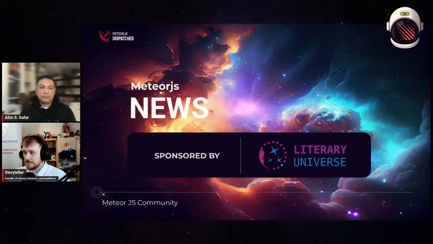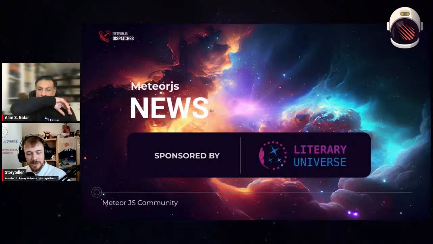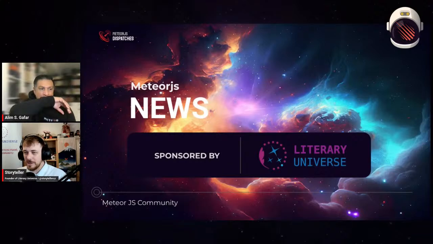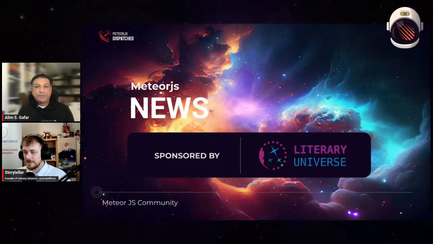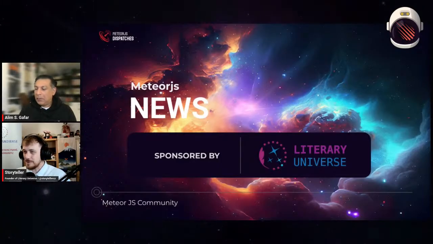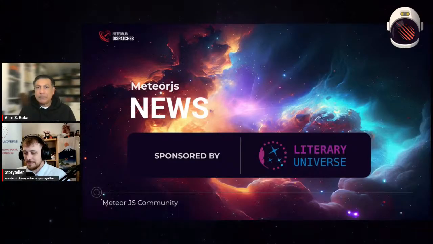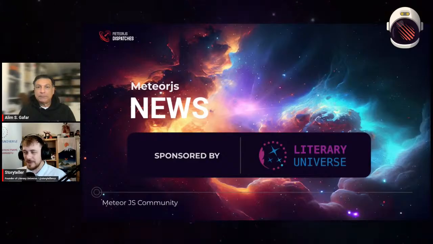Shameless plug, I've provided two that I'm looking to see what people say about: an update to the accounts UI styling, which now also allows you to use CSS variables to change it, and the error page when the server crashes will now look nicer and provide you links to documentation and a few other things.